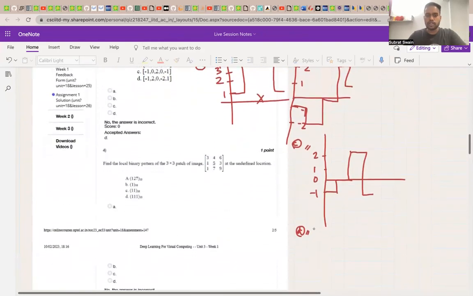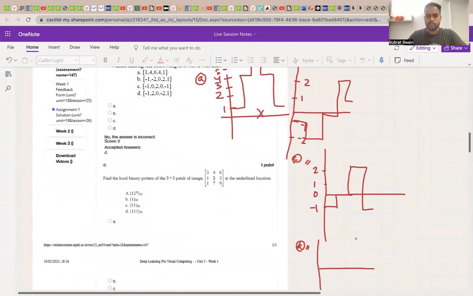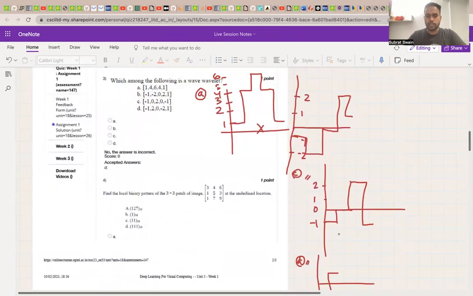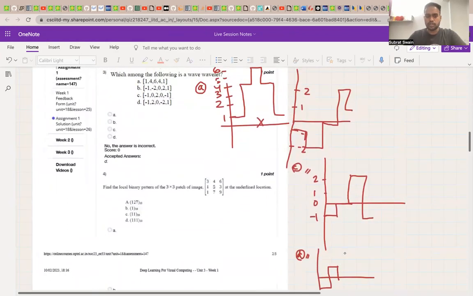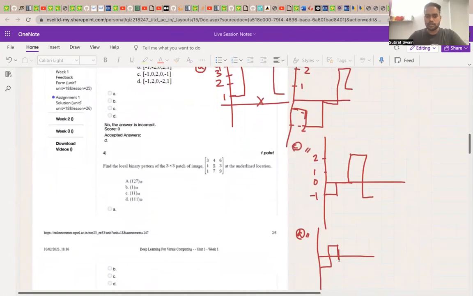The fourth one goes like -1, 2, 0, -2, and 1. If you plot it, you see this looks like a wave.